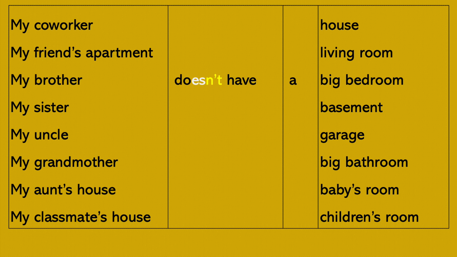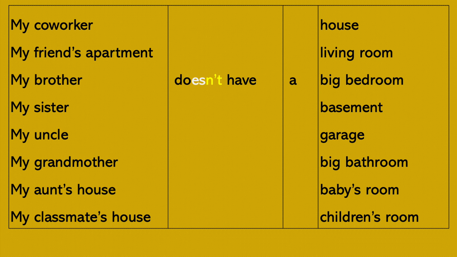Number 2 column is for the negative verb, and here an article, and this is the object, the house vocabulary. My coworker doesn't have a house.